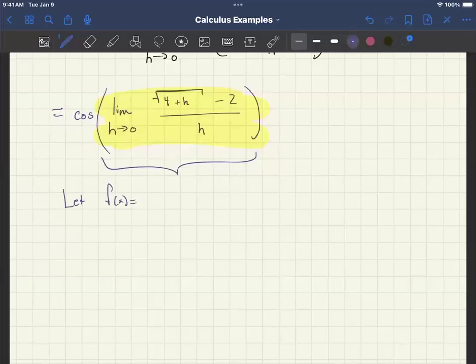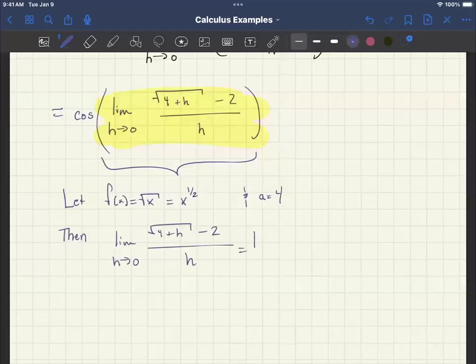functions and derivatives. So if we had our function as the square root of x, and I'm going to rewrite this also as x to the 1/2, we will need to use both of them. And we take the point a is equal to 4, then notice what happens is that if we rewrite this a little bit, I'm going to start with what we have originally, square root of 4 plus h minus 2 over h.